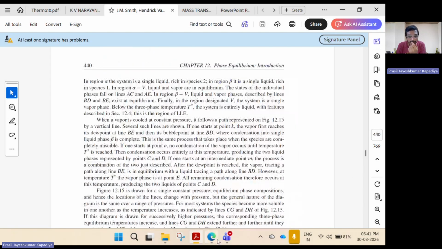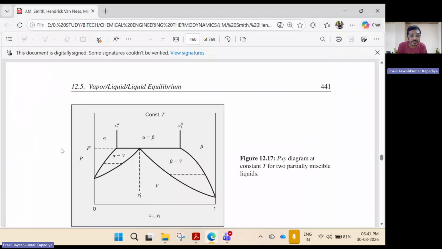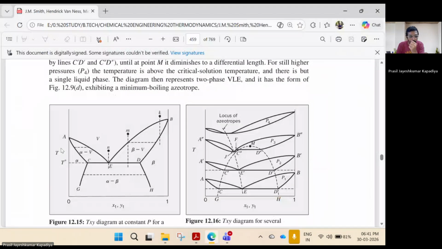So now let's have a look again at this two phase region. Here we have this T star, the three phase temperature. Below T star we have a homogeneous or heterogeneous liquid phase, homogeneous meaning a single liquid phase, heterogeneous meaning two liquid phases. And above T star there is a single liquid phase, a single vapor phase, and one liquid phase in equilibrium with vapor and the other liquid phase in equilibrium with vapor.